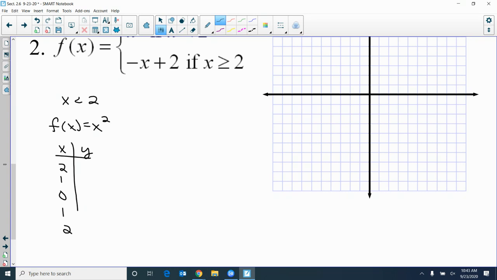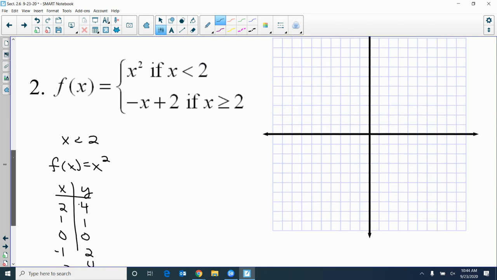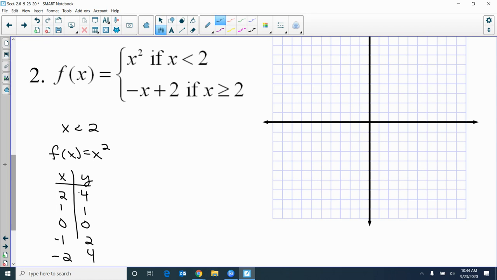All right, when you plug in 2, you get back 4. When I plug in 1, I get back 1, 0, 0. That should be a -1 and a -2. And then I get 2 and 4. It's a parabola. So the key thing here is you started at 2, 4. You have to start it there, and you have to put an open dot.